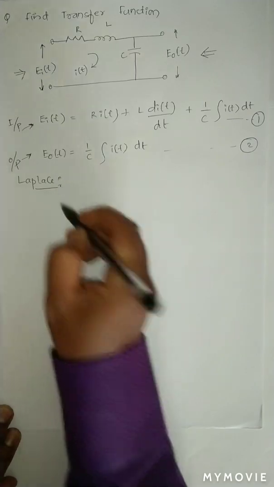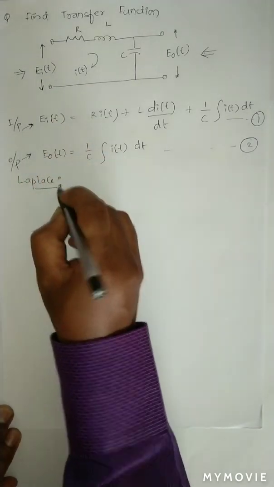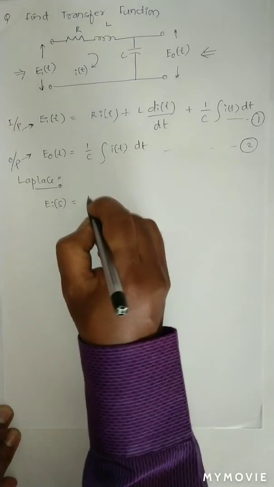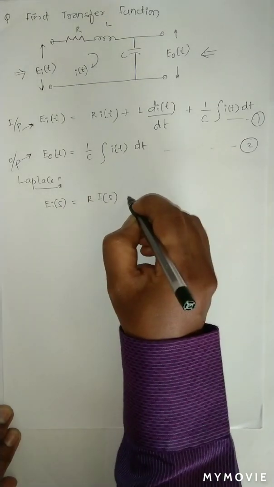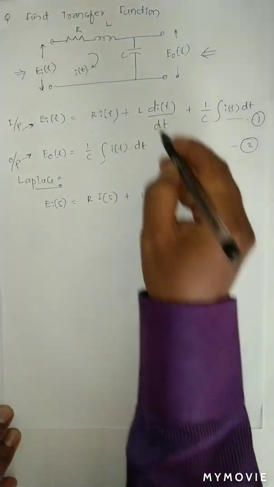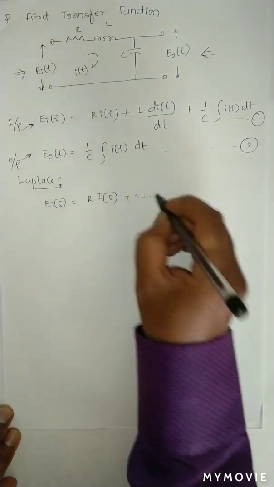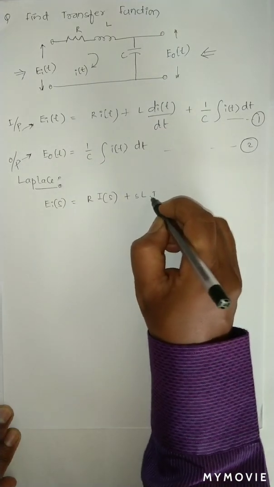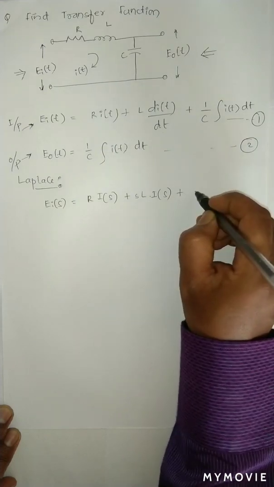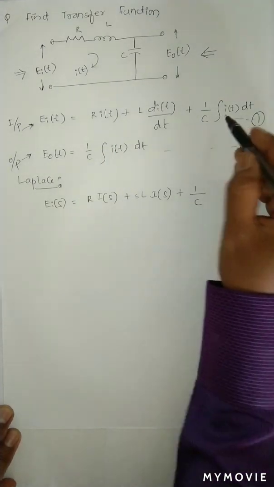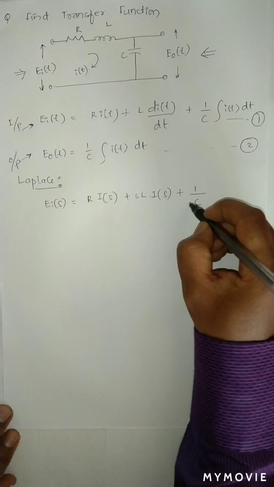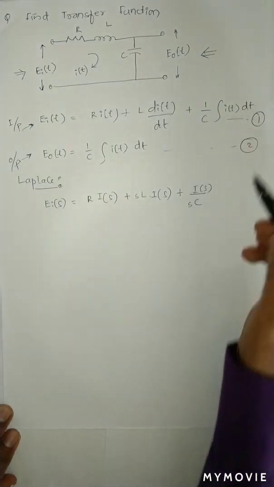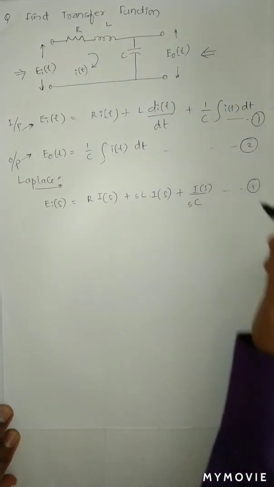So while converting into Laplace, this first equation becomes EI of S is equal to R I of S plus L, d by dt tends to S, so S I of S, plus 1 by C integration, which means 1 by S, so I of S. So this is equation 1.